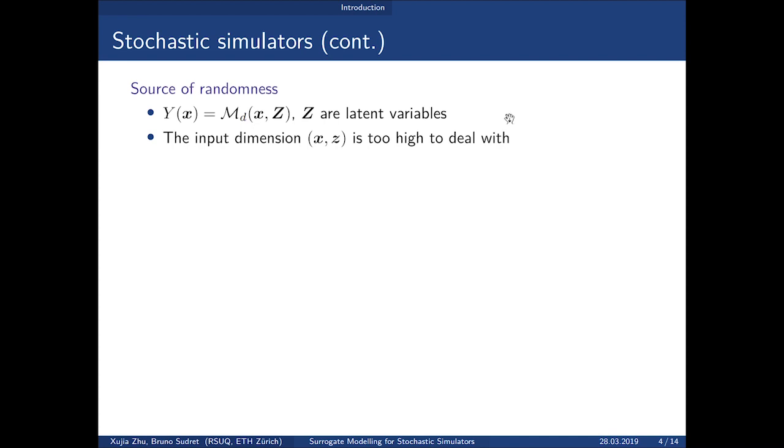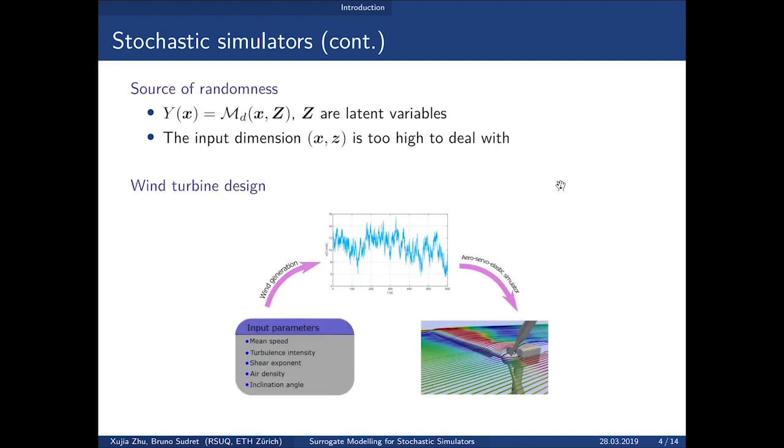On the other hand, we can control all the relevant variables, x and z, but the input dimension is too high to work with. As a result, we control only a few of them and consider the others as noisy variables. To illustrate these two kinds of randomness, let's look at an example from the wind turbine design.